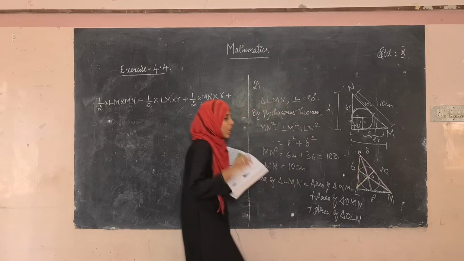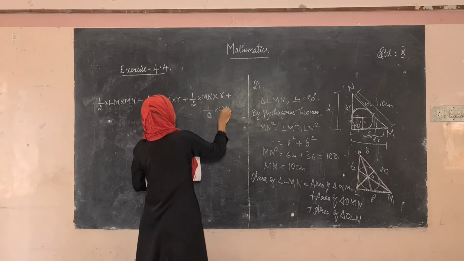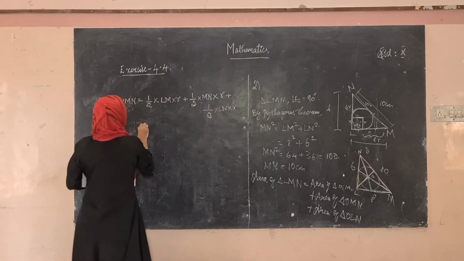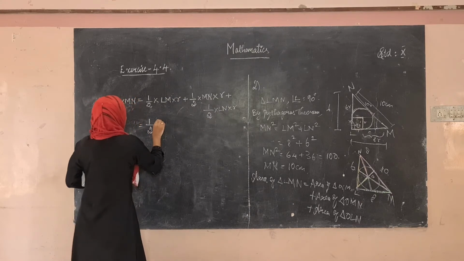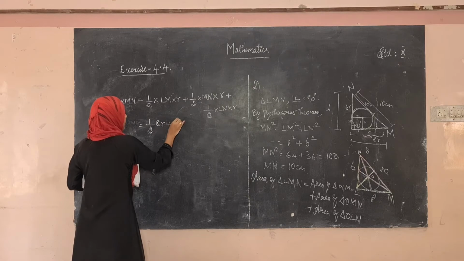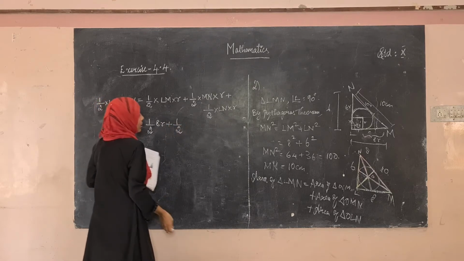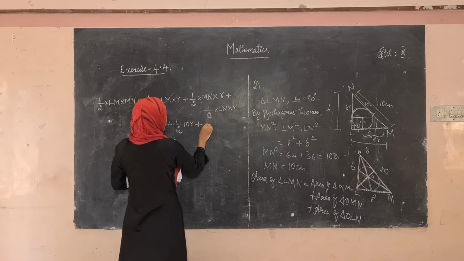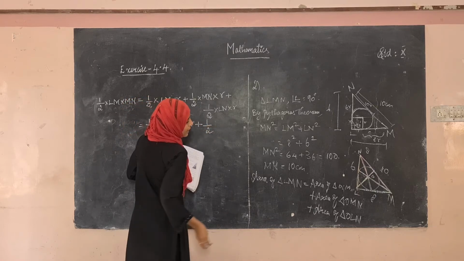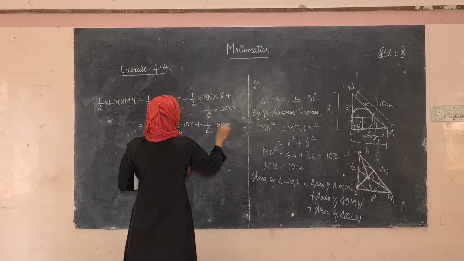This length is R. So, LN into R, which is equal to half into, what is LM? 8 into R, plus 1/2 into, what is MN? MN is 10, 10 into R, plus half into, what is LN? It is 6 into R.